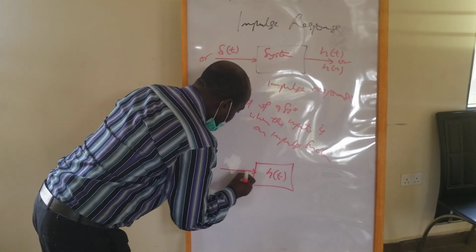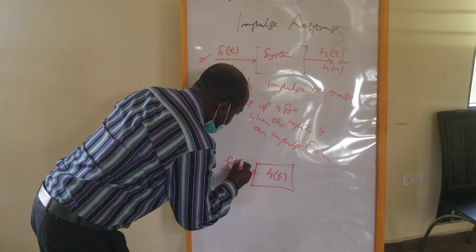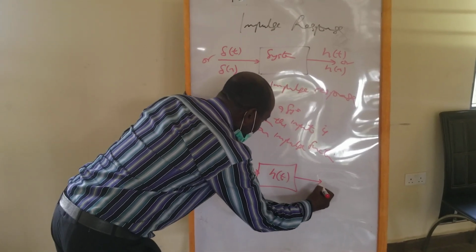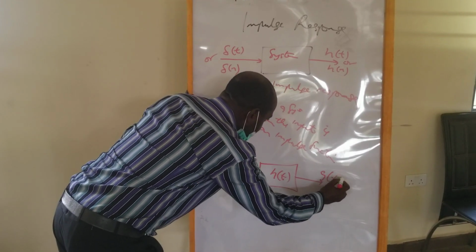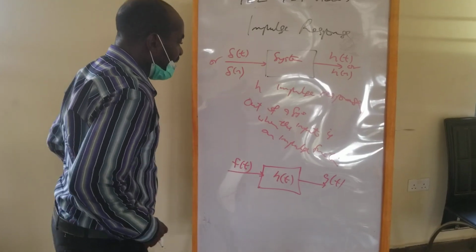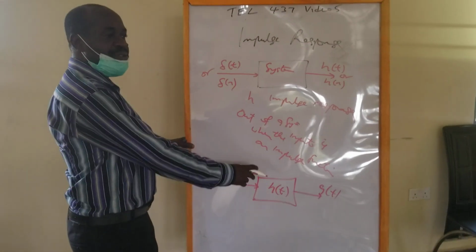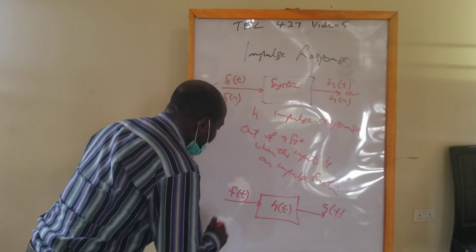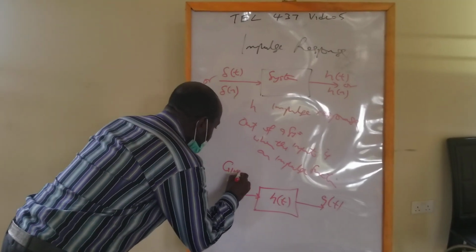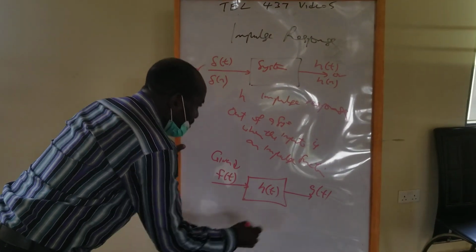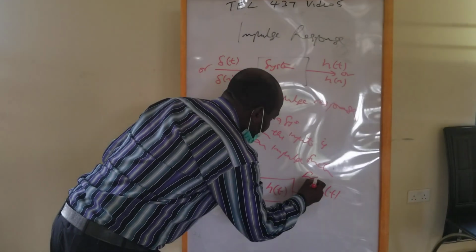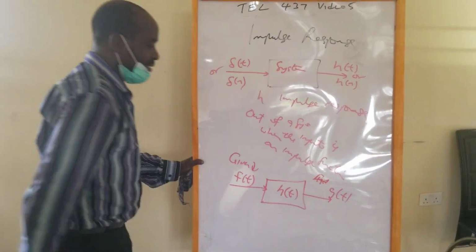So in fact, when we draw the system, we can write the impulse response inside. Now, if we are giving another input and we want to find the output, we simply say that once we know its impulse response, given f(t) as input, find g(t), the output.